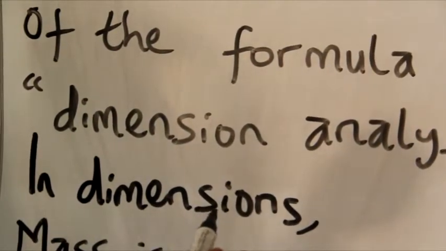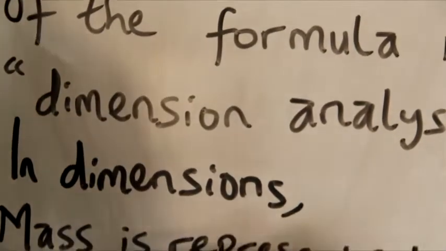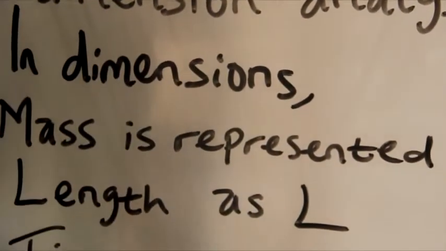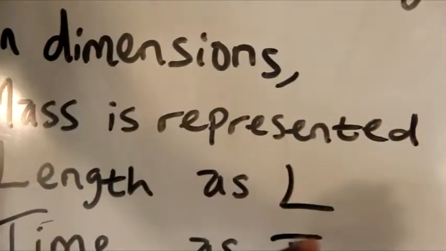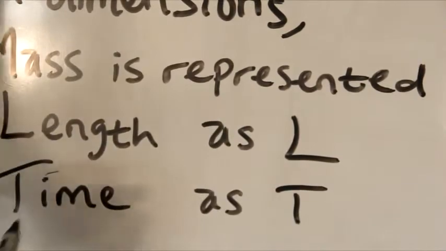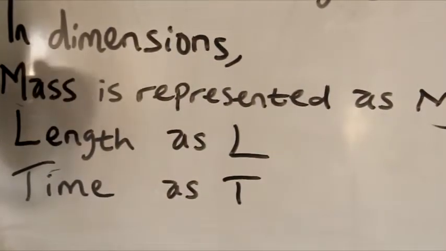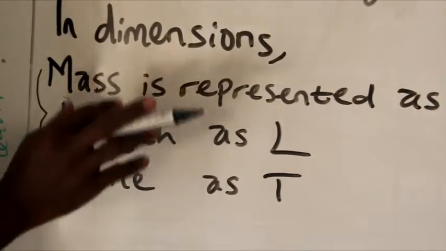So in dimensions, mass is represented as M. It's what you should know in dimension analysis. Whenever we have mass, we represent it as M, and length as L, time as T. So if you've observed, these are basic quantities, these are fundamental quantities.